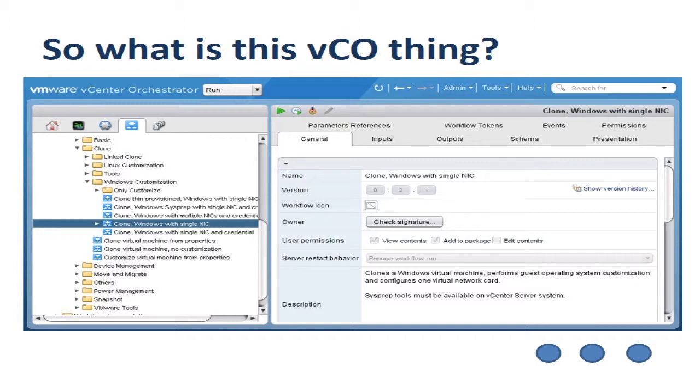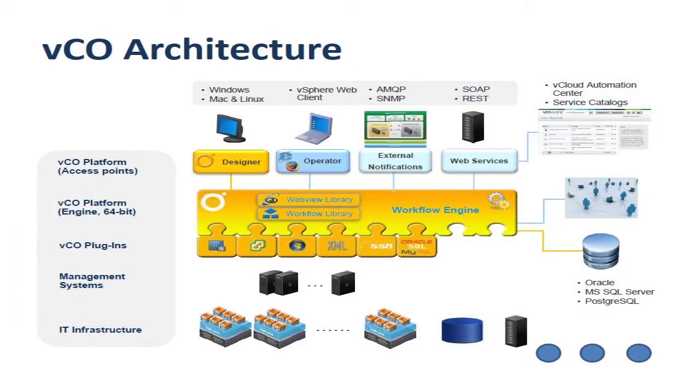It is a web-based tool and a client that you can extend onto vCenter. It's very simple to use, with a library of workflows for the various plugins that you can have for vCenter Orchestrator, and a very intuitive interface that allows you to build these workflows.